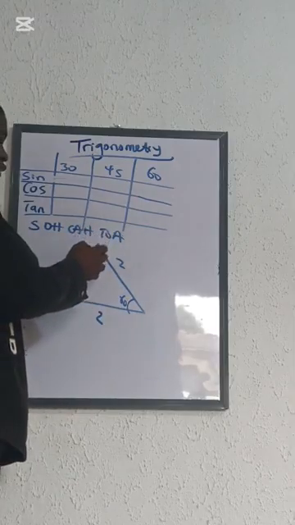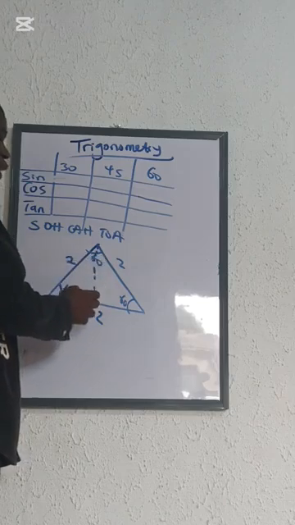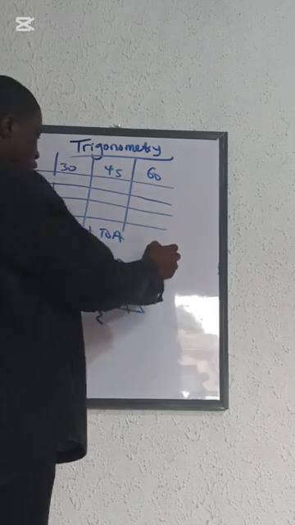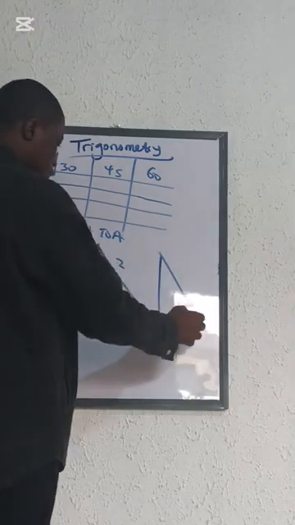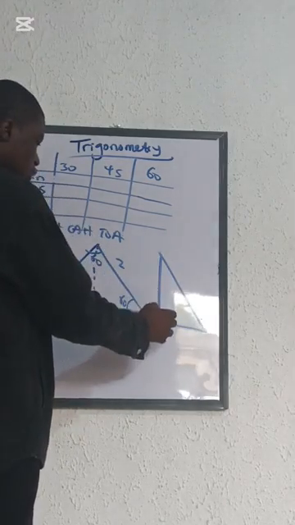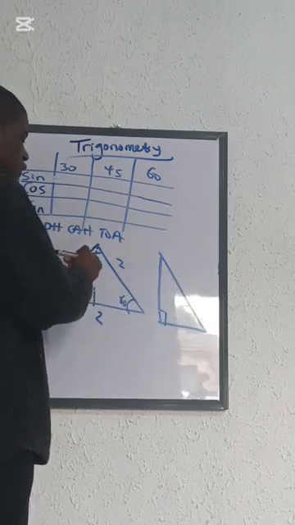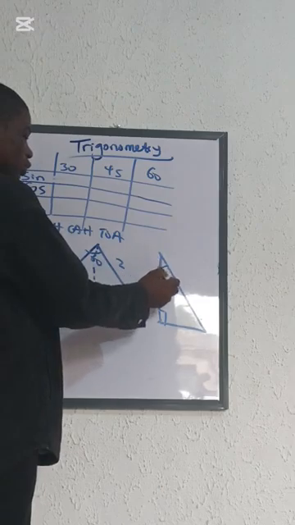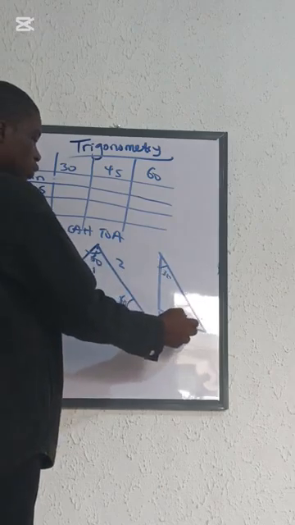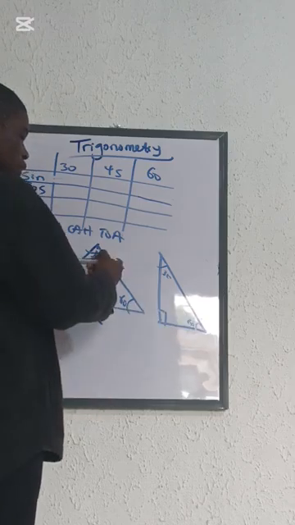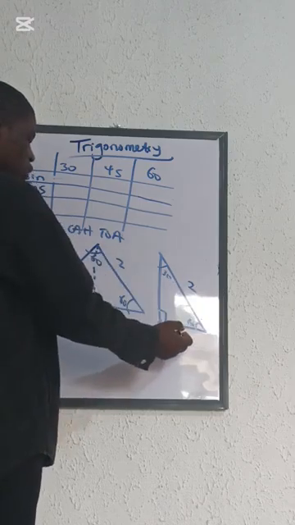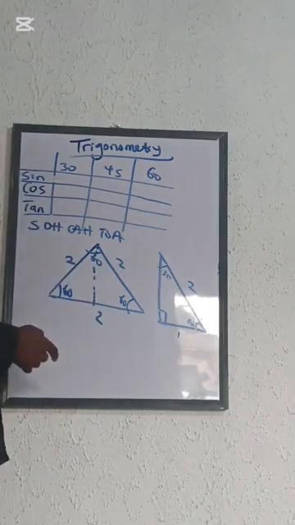If I divide this into equal halves, we get this. This place will be angle 90, and if we divide the 60, we get 30, and this one still remains 60. Now here will be 2, here will be 1, because we divided it into 2 equal halves.